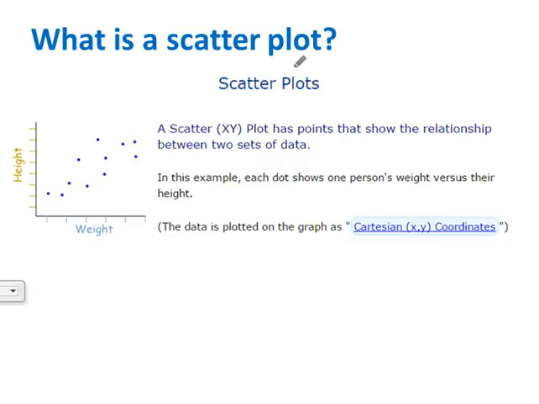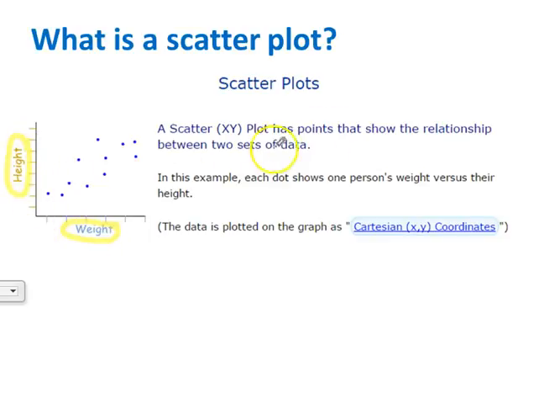So a scatter plot is a way that we can look for relationships between two sets of data. So we're always going to have an X and Y axis. So here's an example of a scatter plot where we are comparing the variables weight and height.